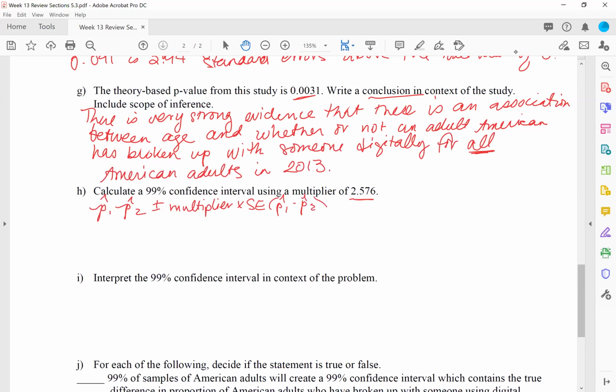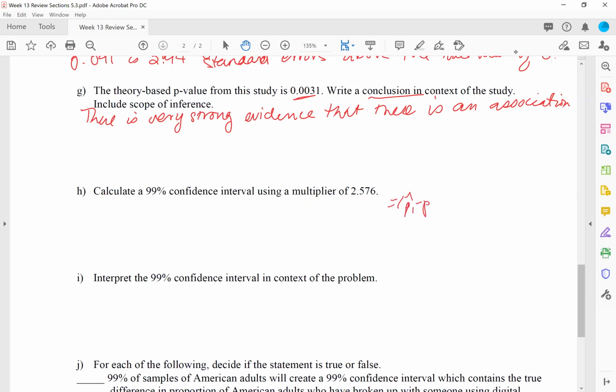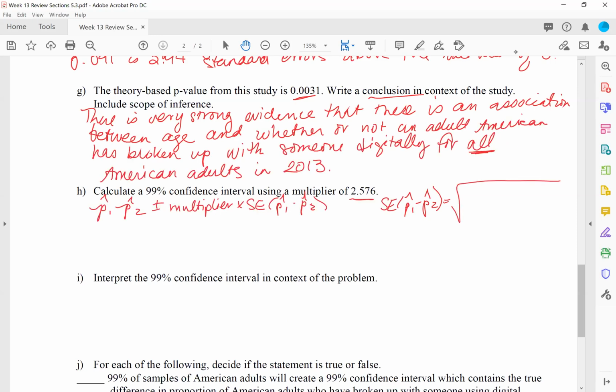But we're going to have to calculate a new standard error because this standard error needs to be based on the two proportions. So we're going to find the standard error using p hat 1 and p hat 2.